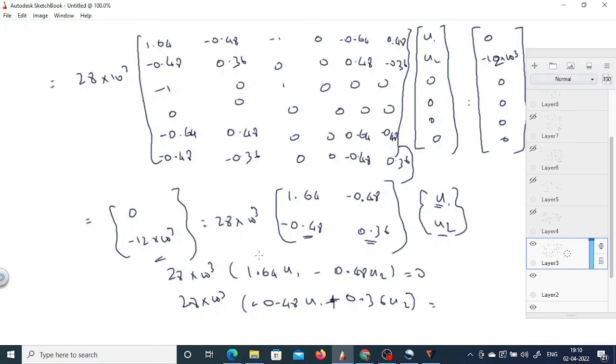Yes, force minus 12 into 10 cube. So likewise I can rewrite. Now if I simplify with the aid of algebraic formula, I can get the u1 and u2 value. How do I get? Yes, I can explain.